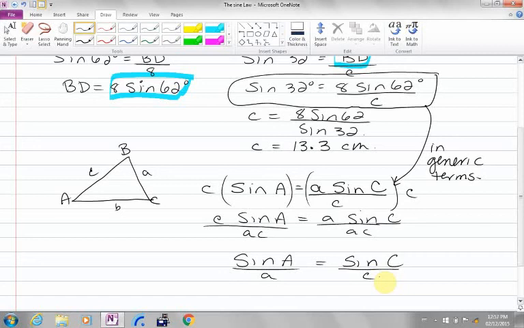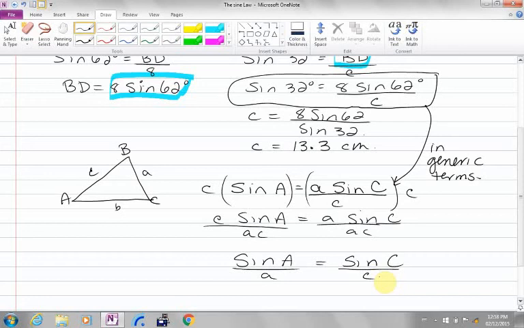So the sine law is very simple. It says this. The ratio, remember we're working in ratios, the ratio of the sine of an angle divided by the side length of its opposite side is equal to the ratio of the sine of any other angle in the triangle divided by the length of its opposite side.